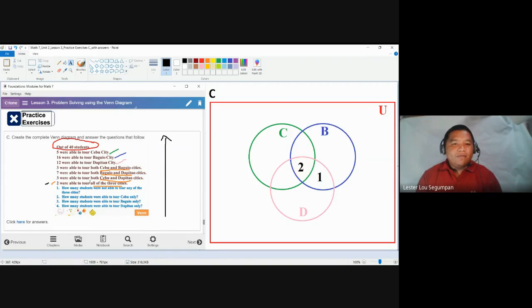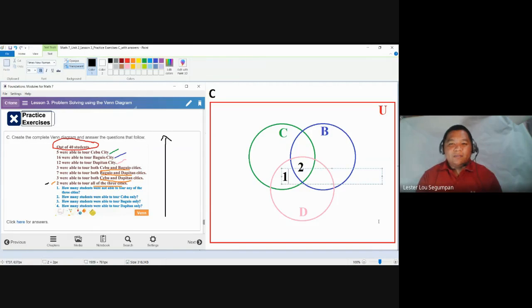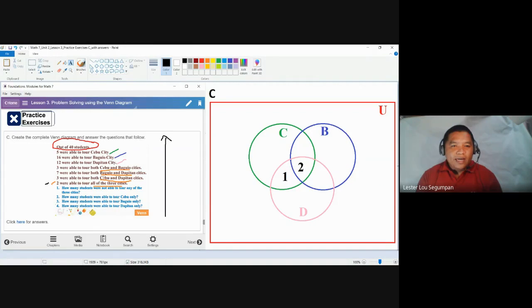Next, seven were able to tour Baguio and Dapitan. Sorry, I made a mistake earlier. I interchanged the values. Three were able to visit Cebu and Dapitan, so that goes in this area.